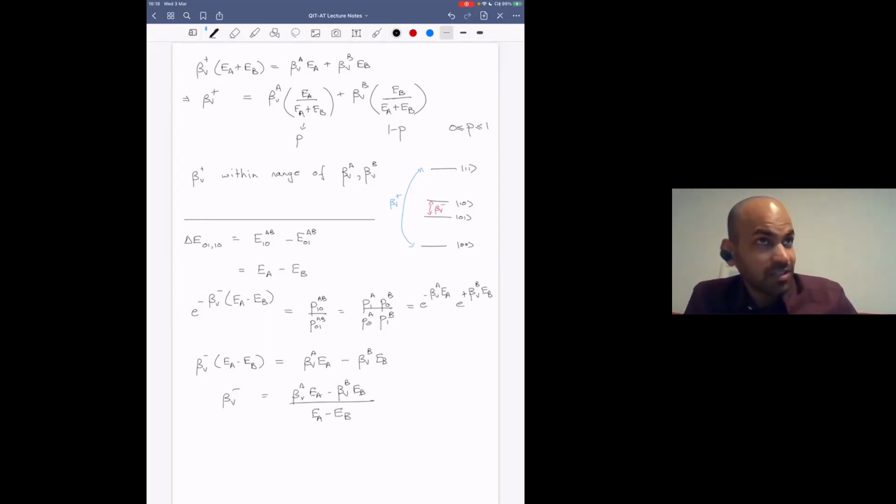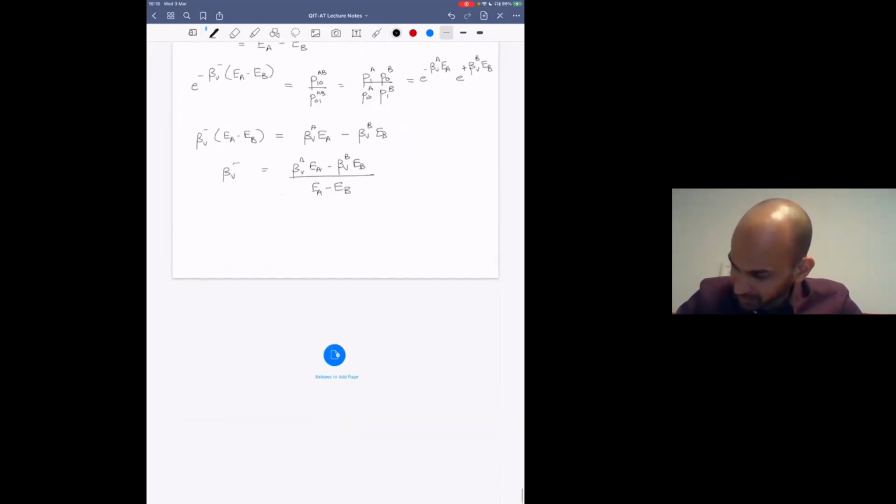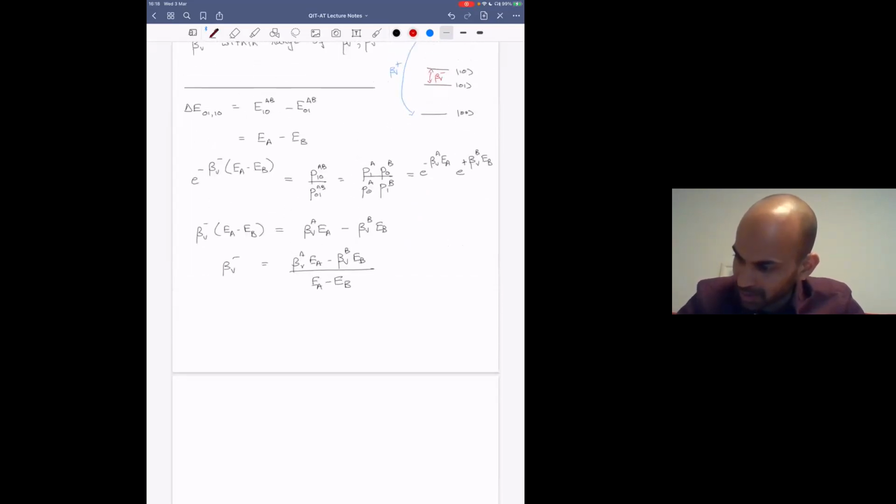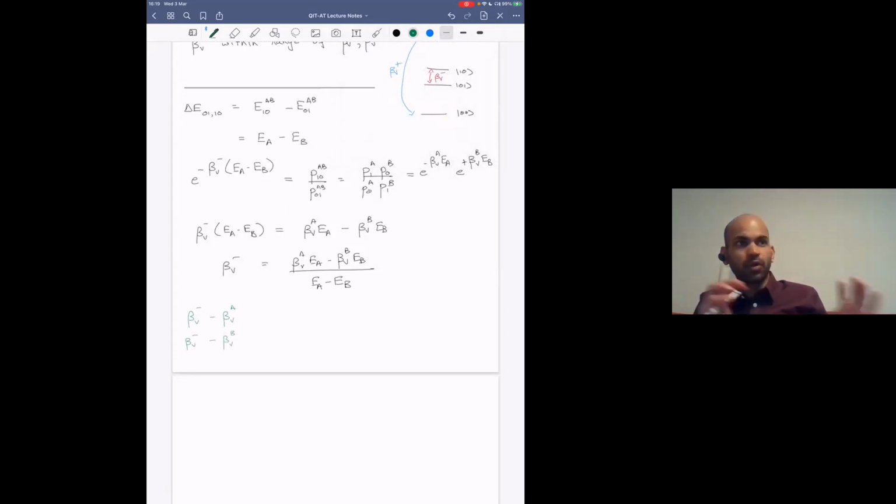And here's the interesting thing. Just like the previous formula with beta V plus was guaranteed to lie in between the two temperatures, this is the number that is guaranteed to lie outside the range of the two temperatures. I'm not going to go through the calculation now, but it would be easy to check that if you look at beta V minus beta VA and beta V minus beta VB, these differences will both be of the same sign, which means that beta V minus is either greater than both of the temperatures or less than both of the temperatures.